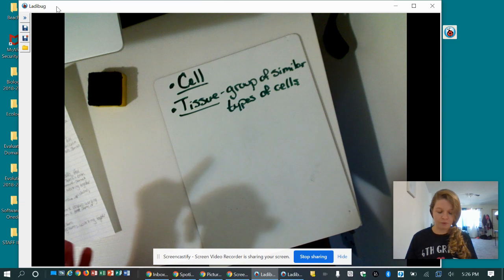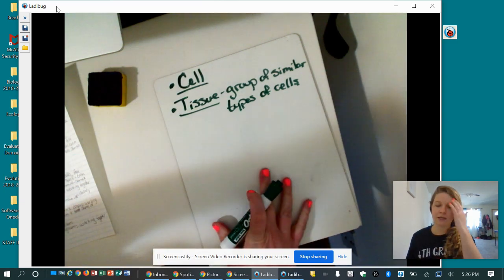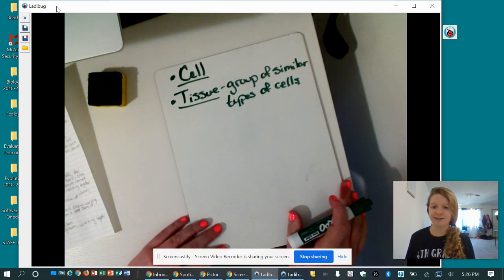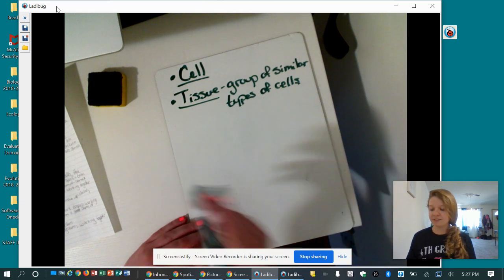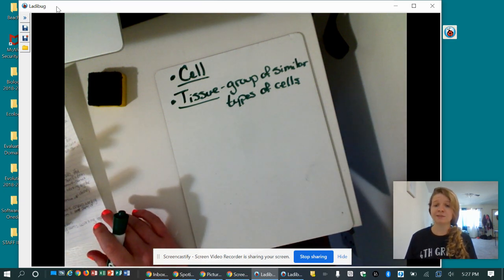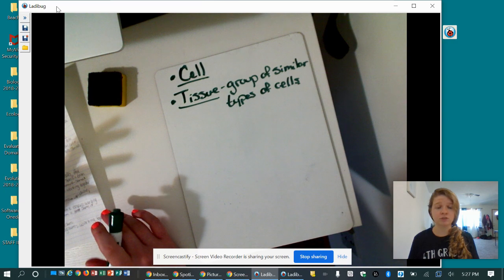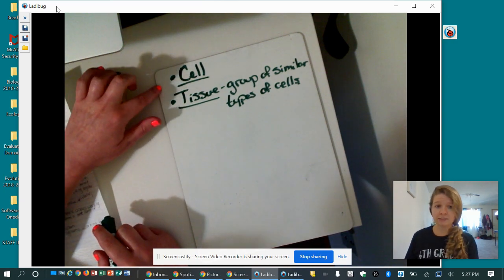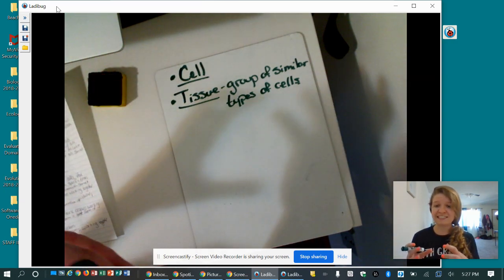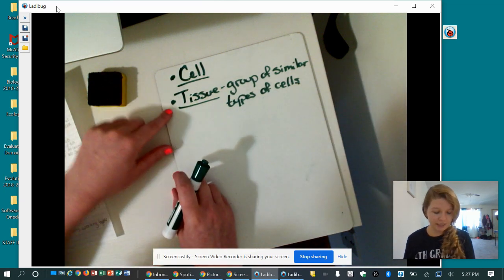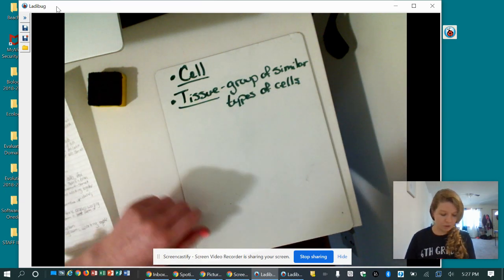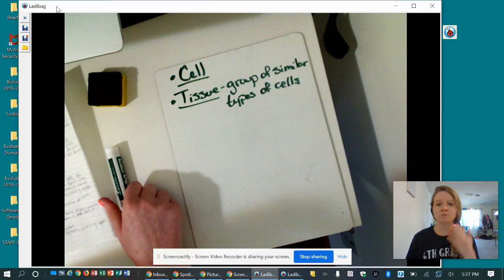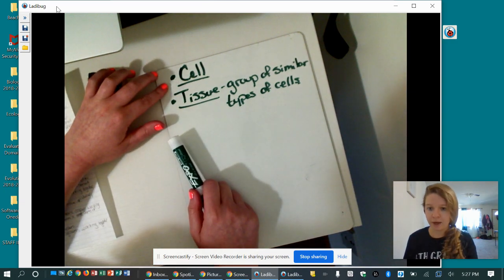So you actually have 4 different types of tissues in your body, but we'll probably touch on that next year in 8th grade science. But a tissue is just a group of similar types of cells working together to do a job. So you have your cells. Then a group of the same type of cell is called a tissue. For example, we'll say you have a cell in your stomach, right?